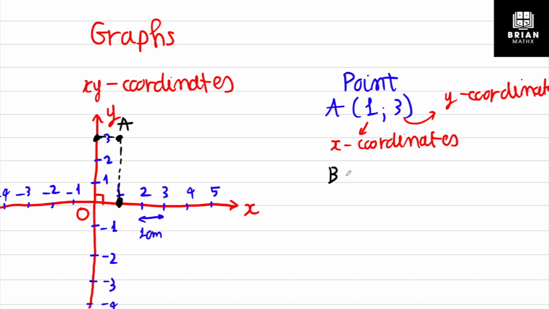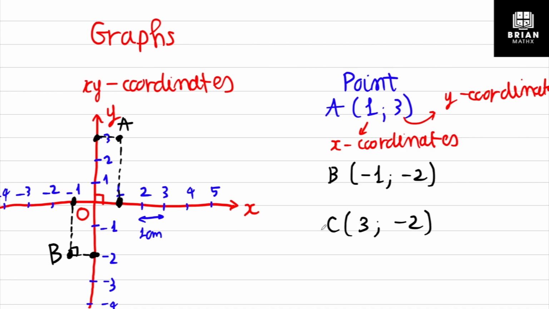So how about point B? It is (-1, -2), so x is -1 and y is -2. Draw the lines like this, and here you get point B. One more example: point C is (3, -2).